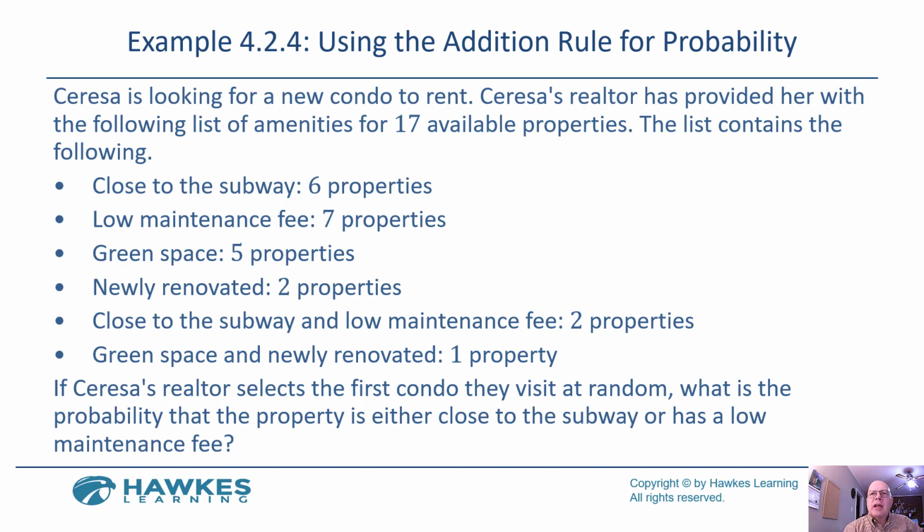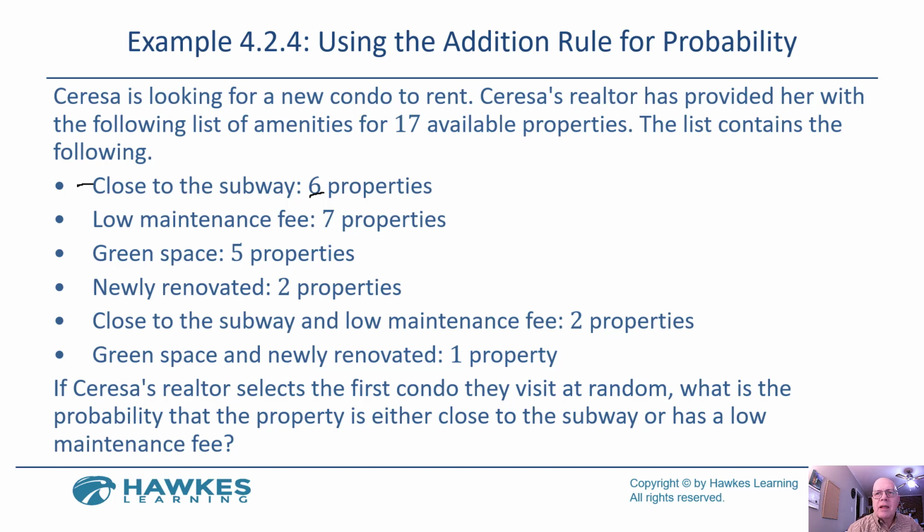So here's an example for you to follow. Sarisa, I guess, is looking for a new condo to rent. The realtors provided her with 17 available properties, and the list contains the following. Close to the subway, there's 6 of them. Low maintenance fee, 7. Green space, 5.